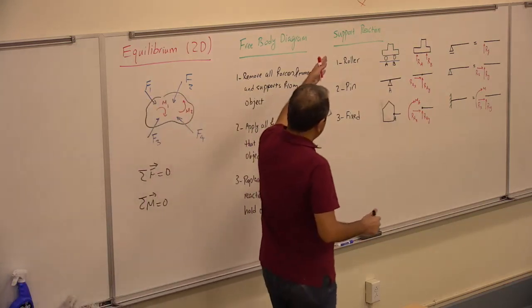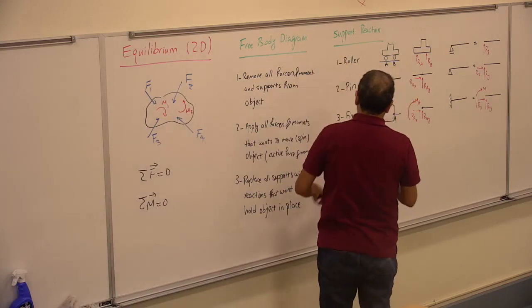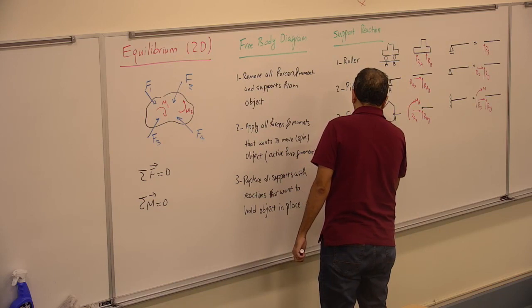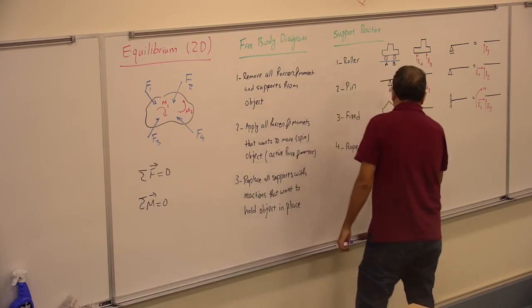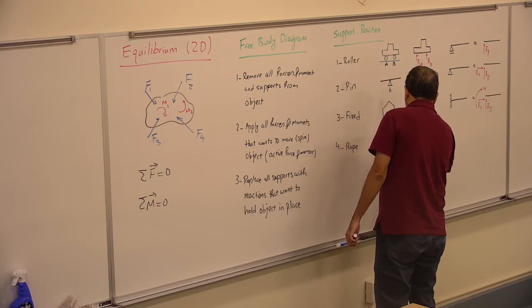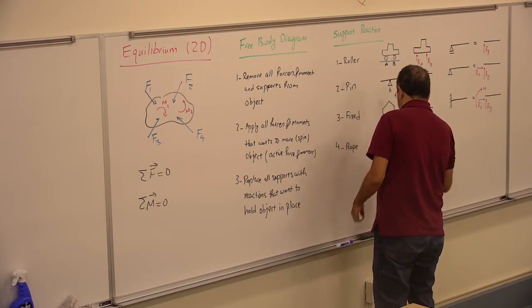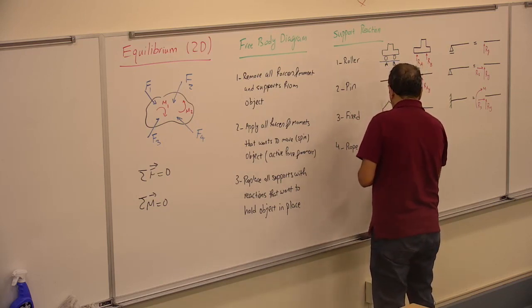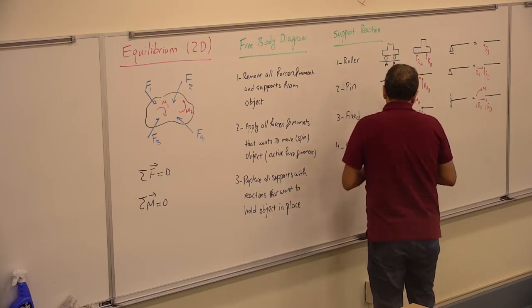So these three are probably the most important ones. One other one is the rope. If I have a rope, it's something like that, and the rope over there.